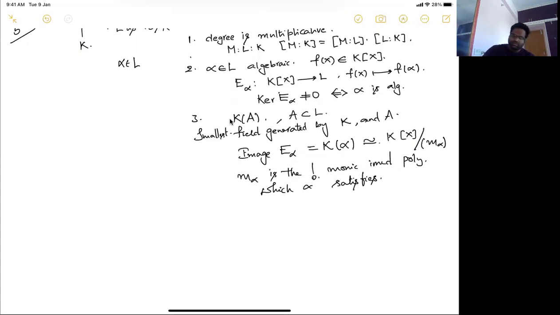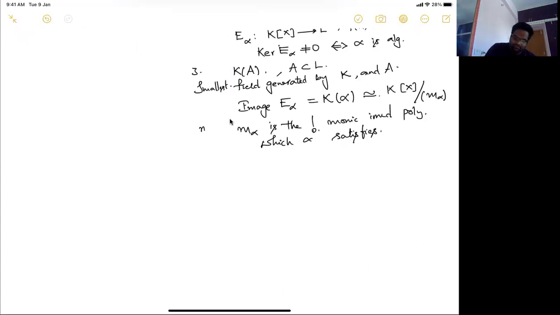This is called the minimal polynomial of alpha over K.